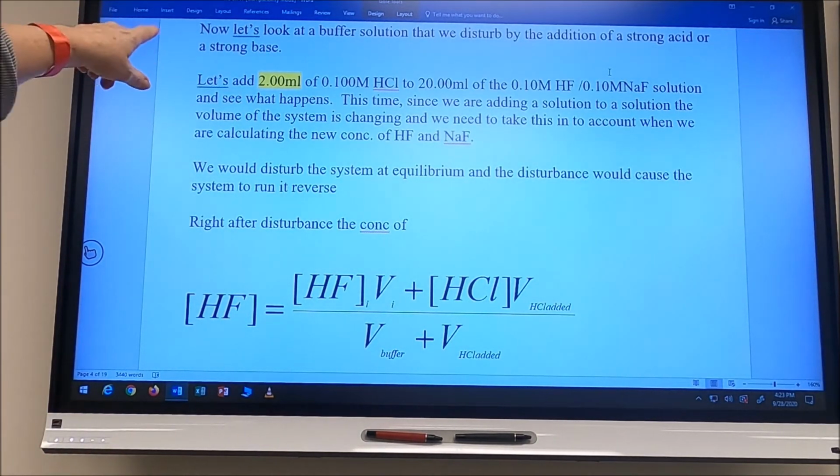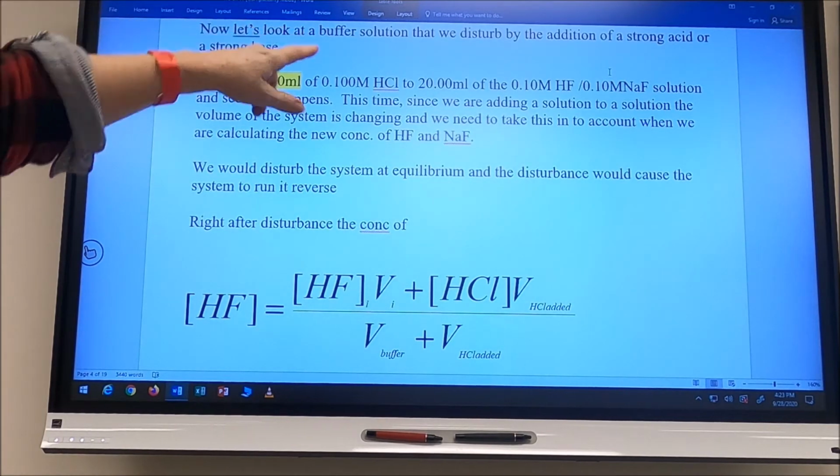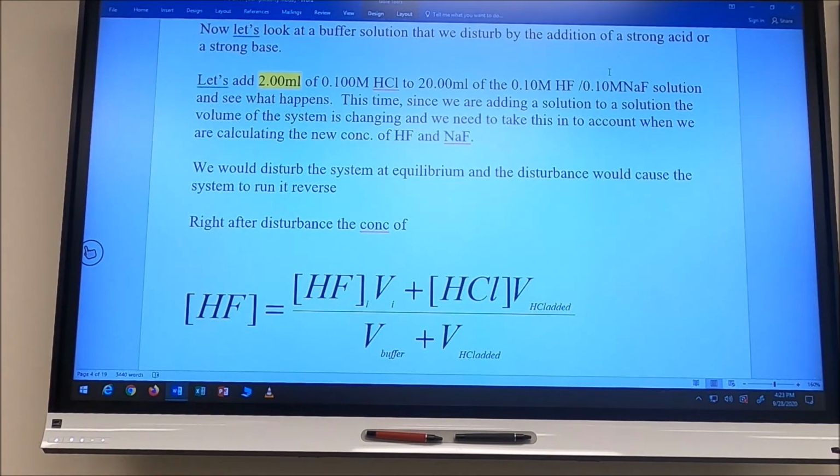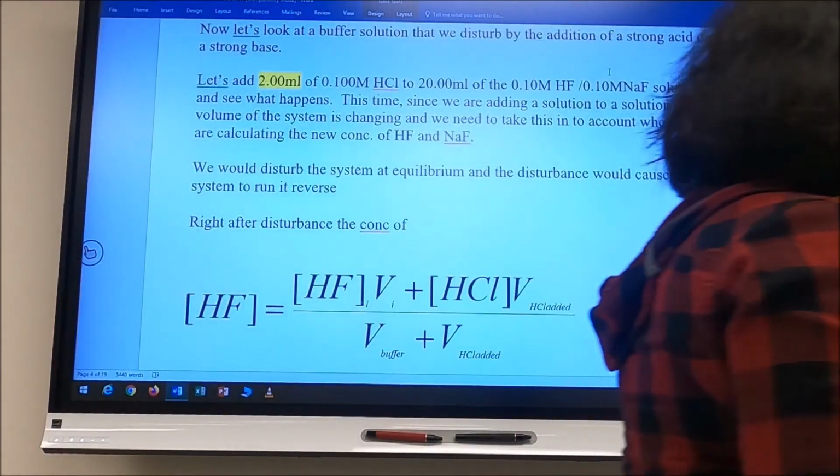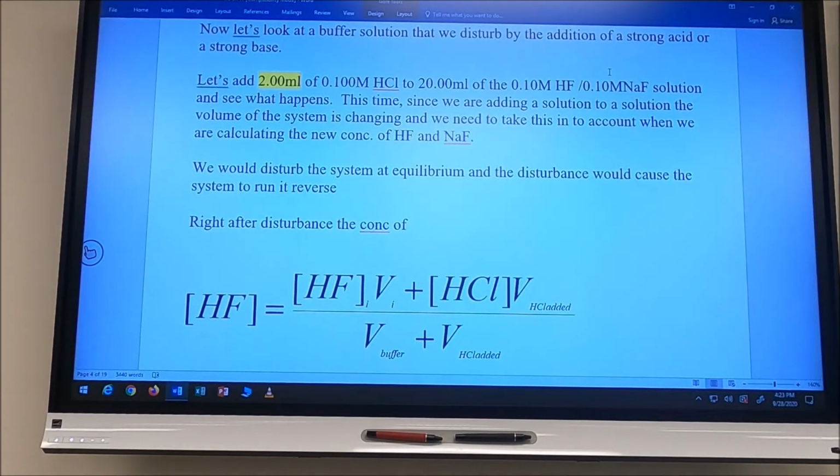Now, when I add 2 milliliters of the HCl, first thing off the bat we ought to realize is the volume of our solution changes. I no longer have a 20 milliliter solution, I now have a 22 milliliter solution. So we have to think about the moment right after the disturbance.